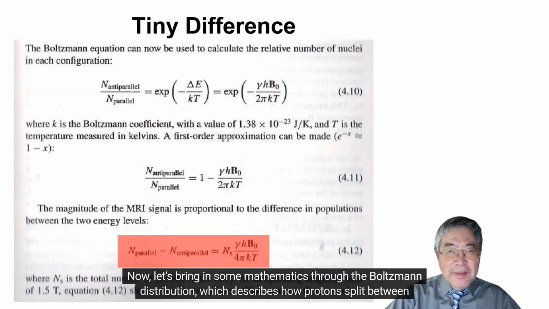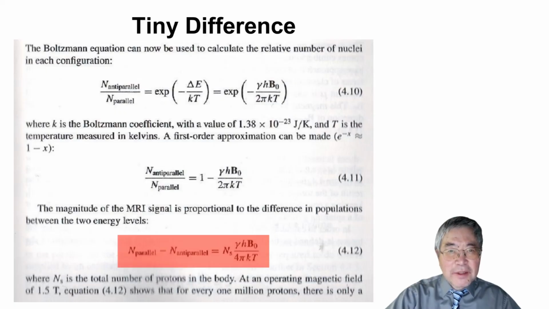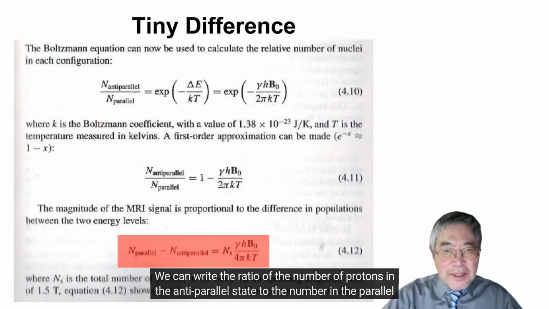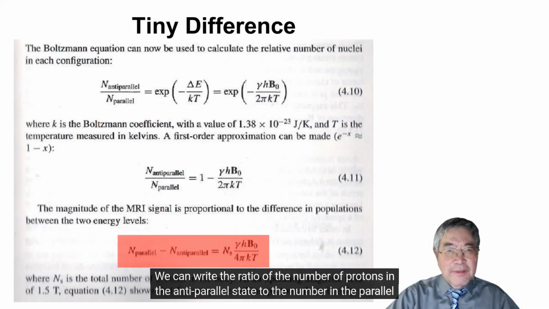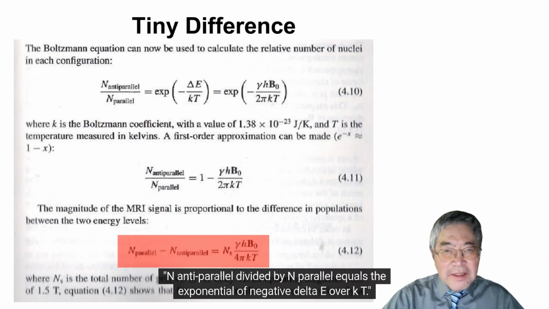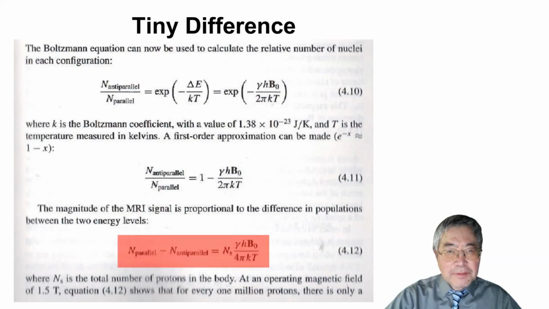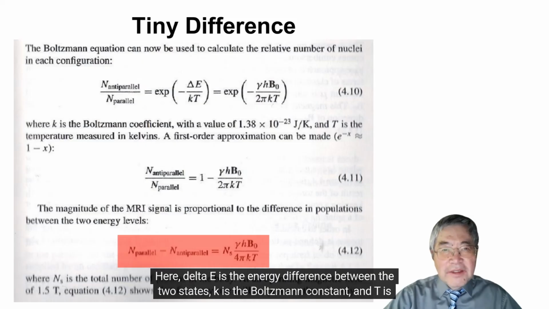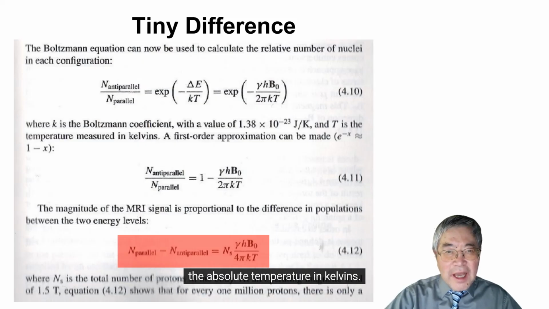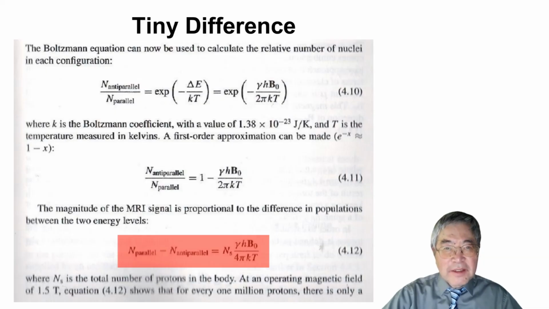Now let's bring in some mathematics through the Boltzmann distribution, which describes how protons split between the two energy states. We can write the ratio of the number of protons in the antiparallel state to the number in the parallel state as n antiparallel divided by n parallel equals the exponential of negative delta E over kT. Here, delta E is the energy difference between the two states, k is the Boltzmann constant, and T is the absolute temperature in kelvins.